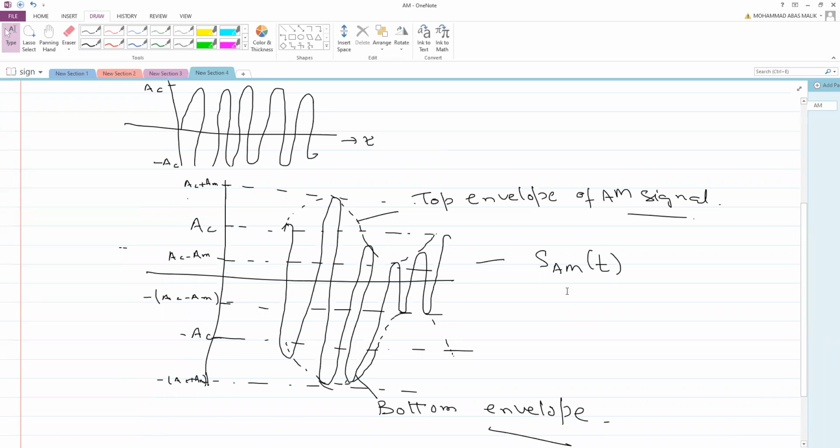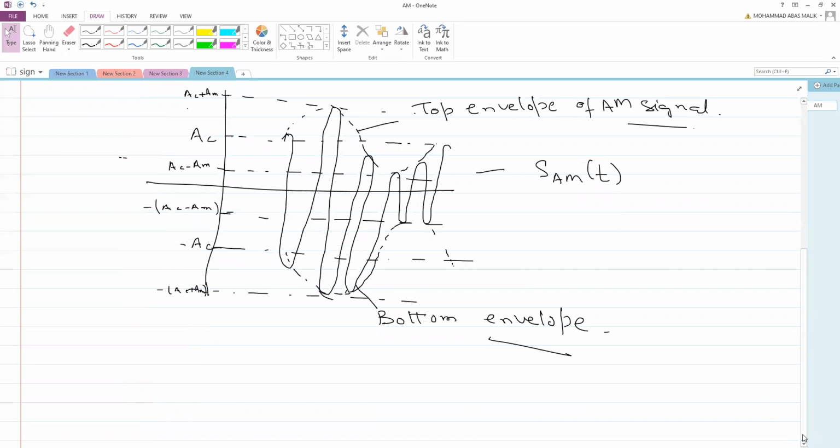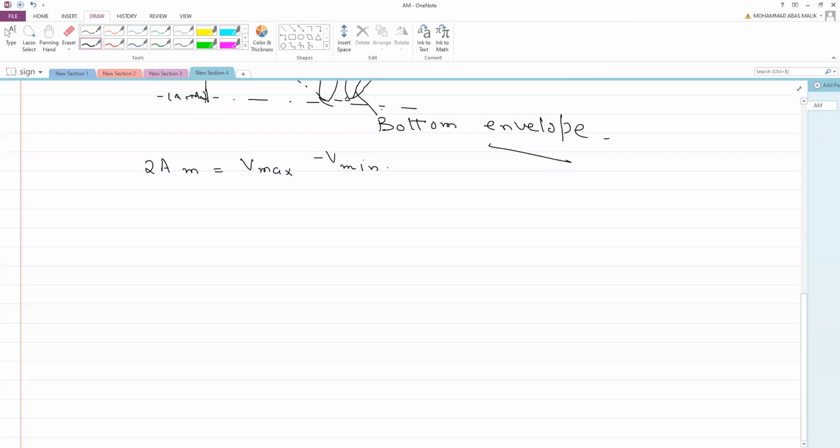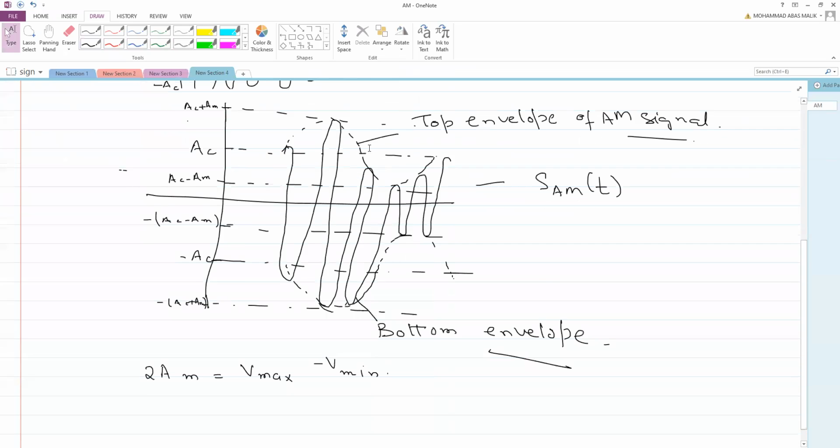Okay. Now, I will derive certain points here because that's very important. From the above graph, you can conclude that 2 AM is V max minus V min, where V max is this voltage.